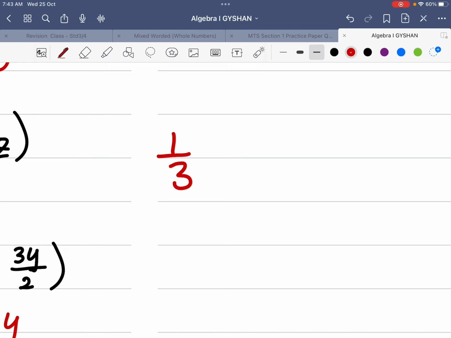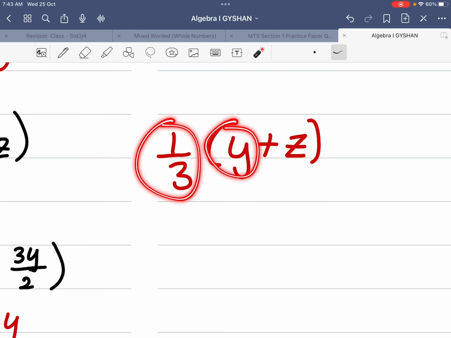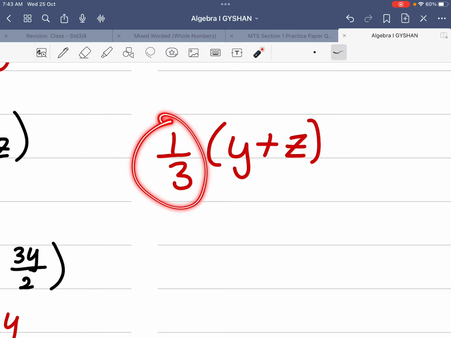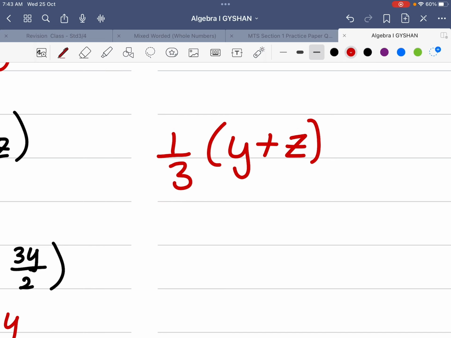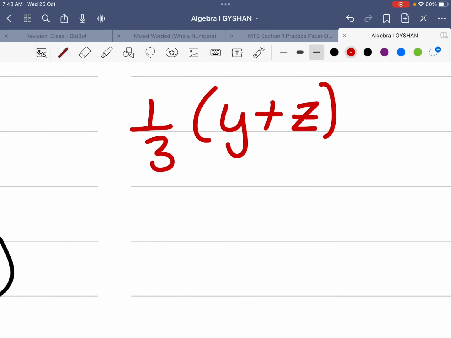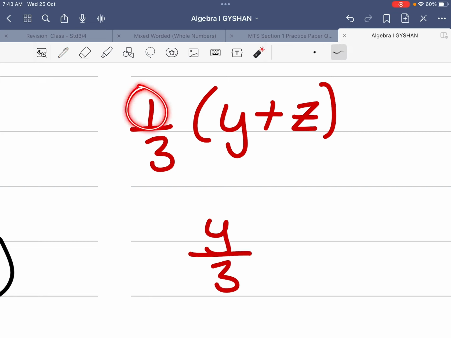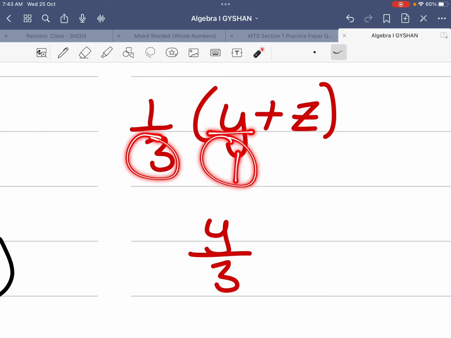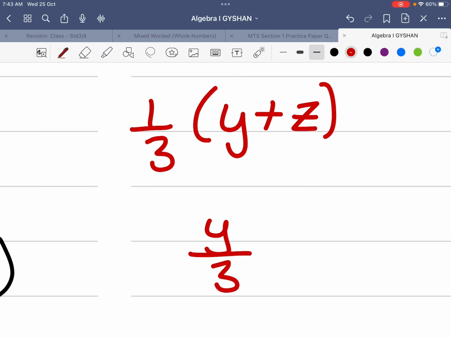One third of y plus z. So we will multiply 1/3 by y and then 1/3 by z. So 1/3 of y is simply y over 3, or we can say 1 times y over 3 times 1, plus z over 3.